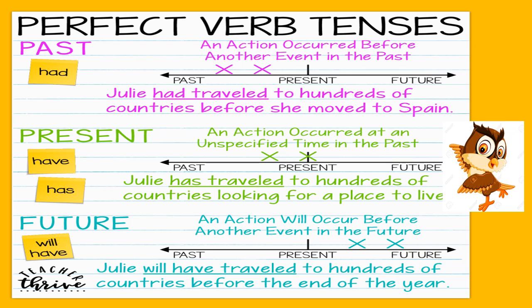I repeat, Julie has traveled to hundreds of countries looking for a place to live. Now, let's take a look at the future perfect verb tenses. It is an action that will occur before another event in the future. For example, Julie will have traveled to hundreds of countries before the end of the year.